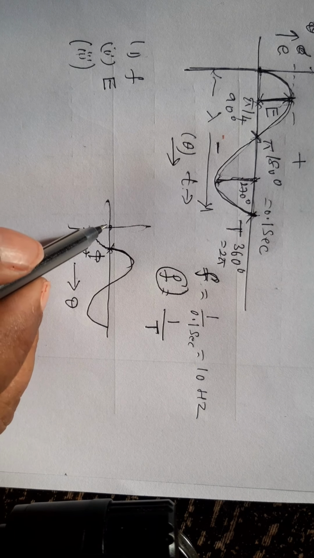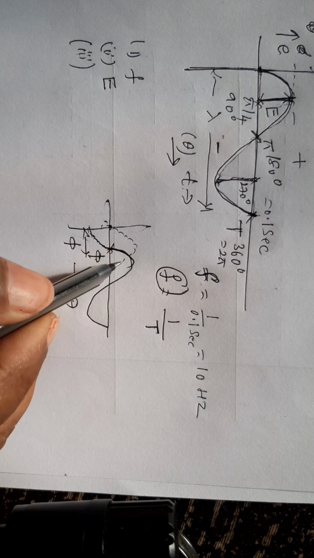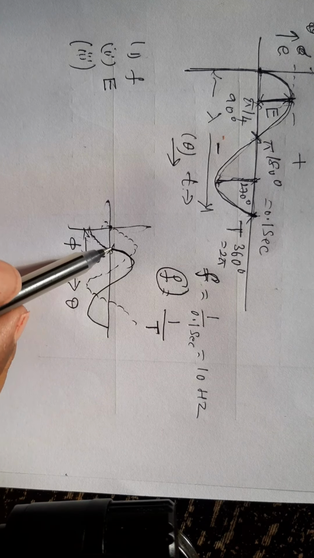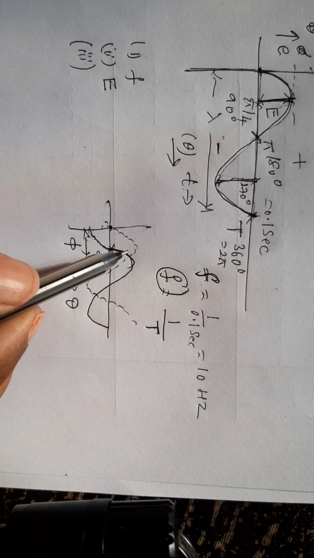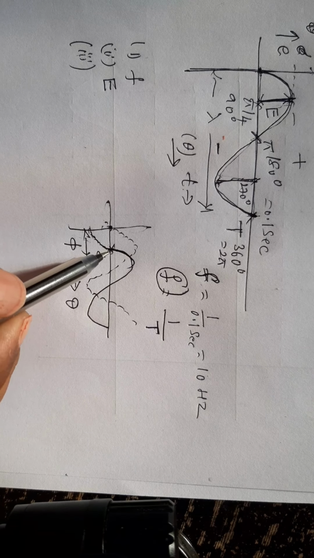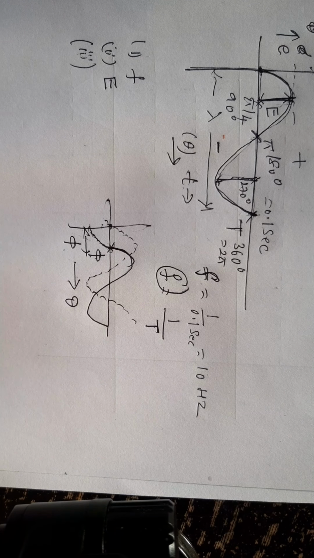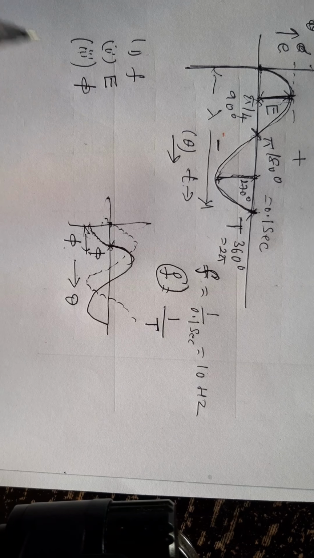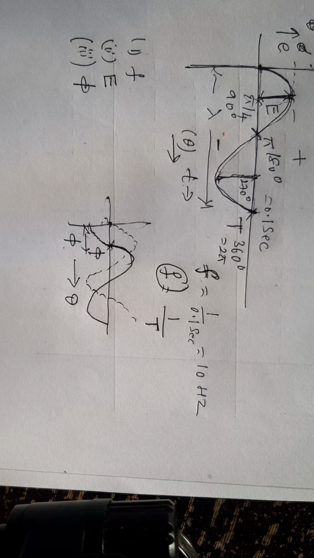Suppose one wave starts from the origin and another wave starts after some angle pi, the phase difference between these two waves, pi minus 0, which is pi, is called the phase angle. This is one more important characteristic.